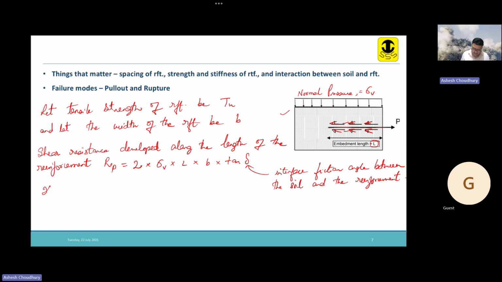Now, if Rp is greater than the ultimate tensile strength Tu, then what will happen? Then pull out failure occurs.